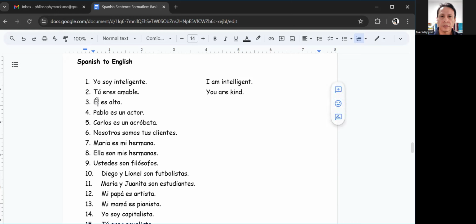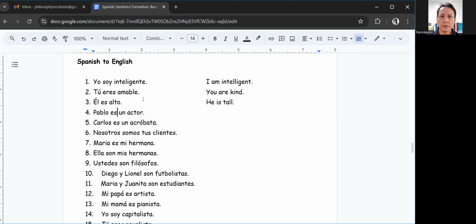Él, notice the accent mark. Those are the only two pronouns that have the accent mark, tú and él. Él es alto, and it's O because él is masculine. Él es alto. And alto is, do you remember? He is tall. Pablo es un actor.